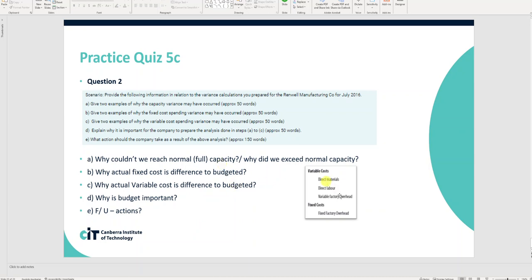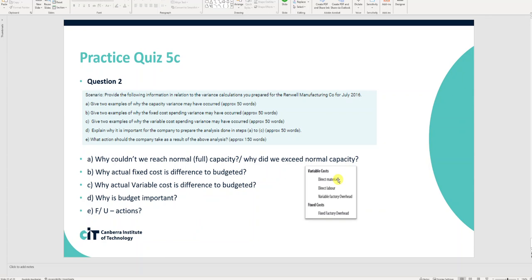You can just say maybe supply chain issues, as usual, a cost increase in the supply of the raw material. Maybe there were insufficient people, insufficient labor, so we had to recruit a contractor at high rates. So any factors that affect direct material and direct labor will be something you can use as an example.